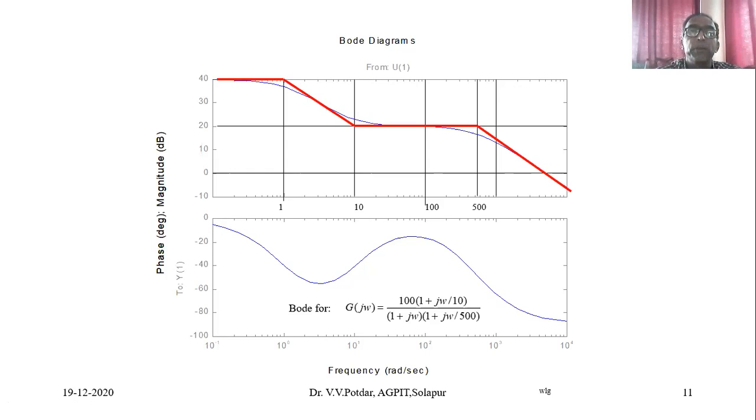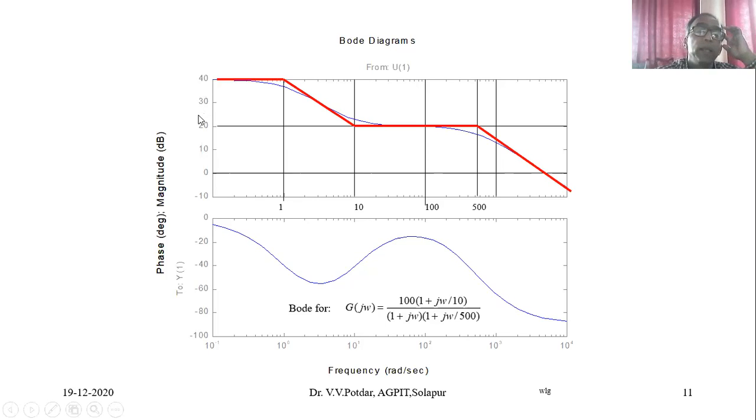It is omega suffix p radian per second. Now suppose the phase crossover frequency is somewhere here. If I extend this line onto my magnitude plot, wherever it intercepts my magnitude plot, that magnitude from 0 is called the gain margin. So at phase crossover frequency, I get the gain margin.